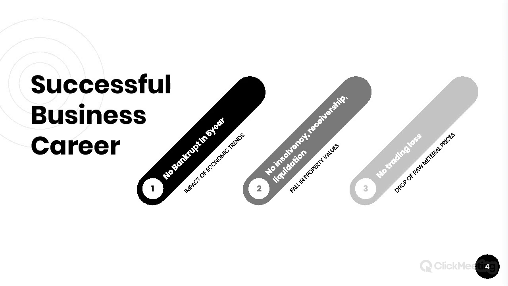Of course, the business cannot have had any bankruptcy in the last 5 years, and they have no insolvency in the last 5 years, or no trading loss. So the loss, how can we find it? We just check the financial statement. If the company is in loss, then it is really not a good idea to apply.